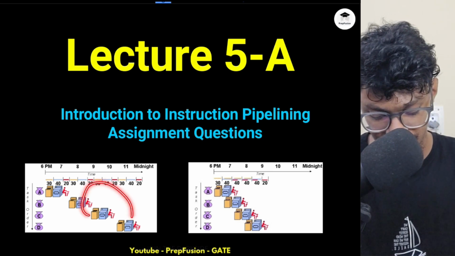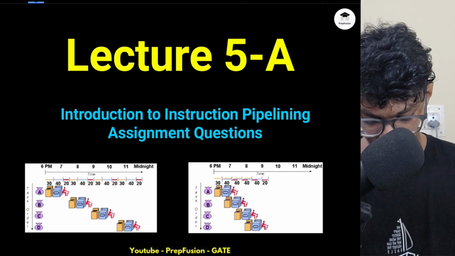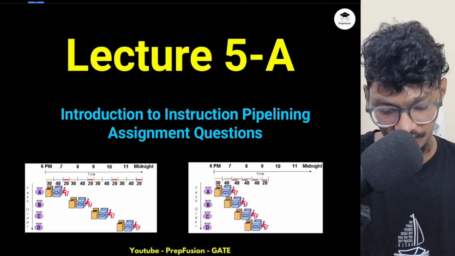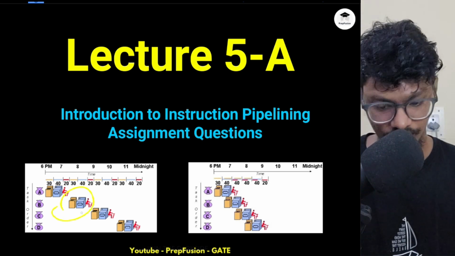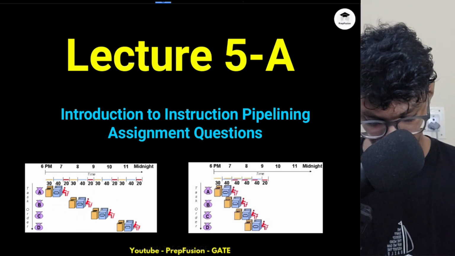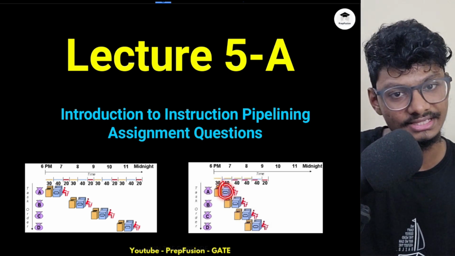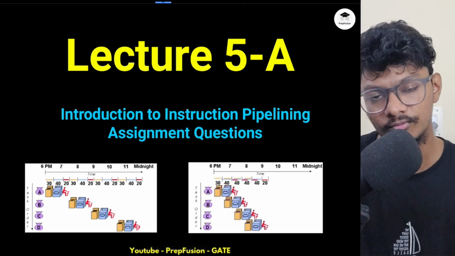What is the difference between these? This is sequential processing, because one process is totally independent of the other. Person A washing the clothes is totally independent of person B washing the clothes. But here a few things are dependent, because when person A is using the dryer, person B is using the washing machine, so a few things are interrelated. We will understand those.